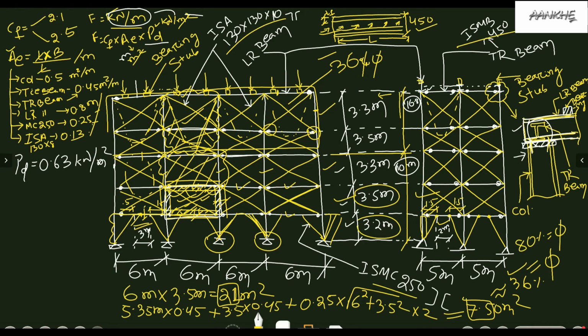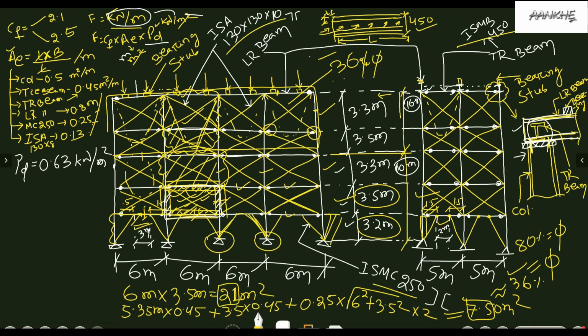but the code also suggests to take an interference factor. Interference means what? There are lots of adjacent structures here and there. So due to those structures, the wind speed varies. So an interference effect is generated. This is generally taken as 25% as per the code.